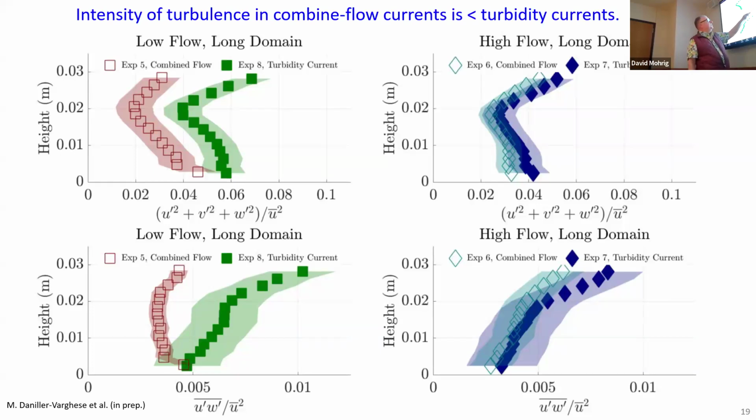And again, the open symbols are the combined flow, the closed symbols are the turbidity current alone. You can see there's a minimum right there that's actually associated with the nose of the current here, because at the nose of the current, there's very little shear, because there's essentially no velocity gradient, and you have a minimum in turbulence production there, and so you have a minimum in the turbulent kinetic energy there. But we have less in the combined flow turbidity currents, even though they're moving further.